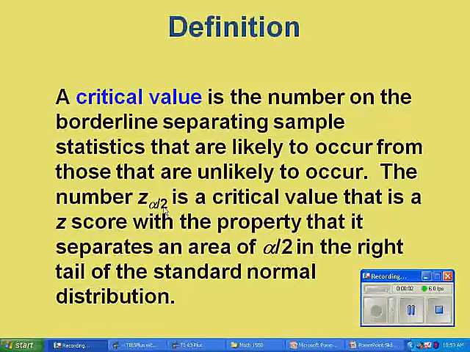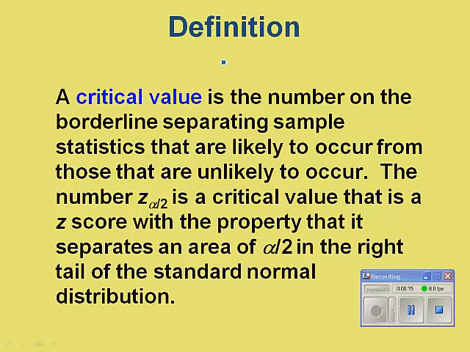The number z alpha over 2 is a critical value that is a z-score with the property that it separates an area of alpha over 2 in the right tail of the standard normal distribution. In the last problem we were talking about, the one I was putting up here on the screen, I was imagining 95% confidence, right? And so I drew a picture of the normal distribution like that.